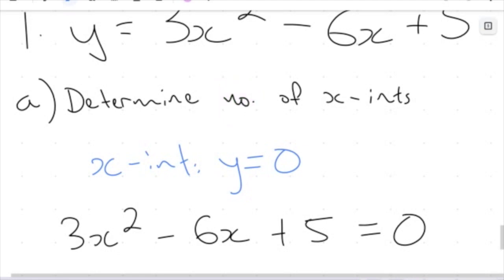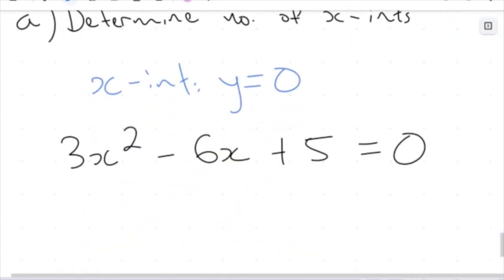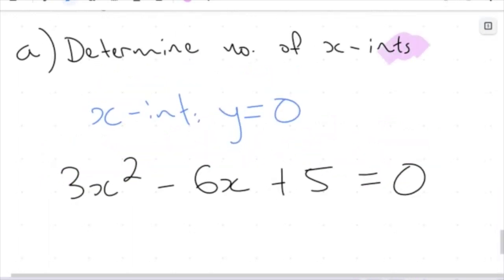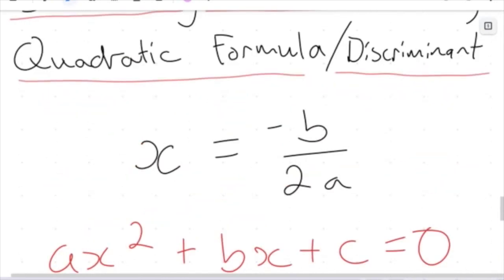Now, there's a particular thing that tells us about the number of solutions to a quadratic equation, or in other words, when we look at this with a parabola, the amount of x-intercepts it will have. And this thing is the discriminant.